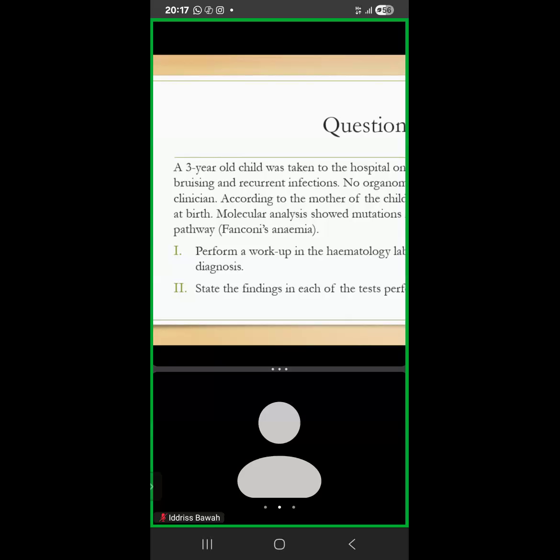Therefore, the conclusion we can draw is that the child has congenital aplastic anemia, was born with it, because according to the mother, the situation has been present from birth.